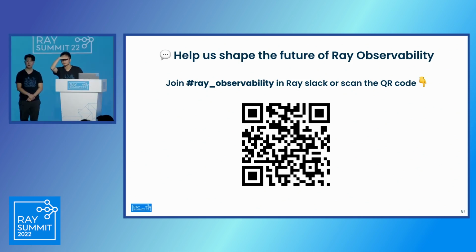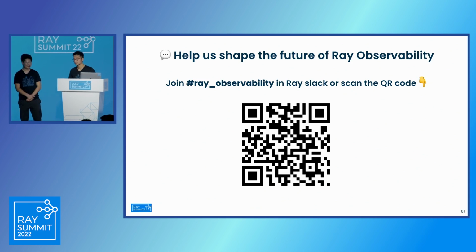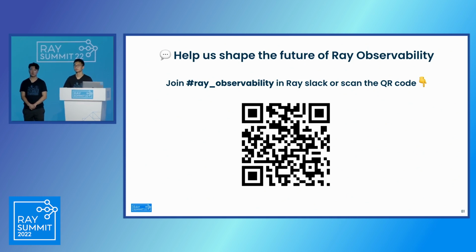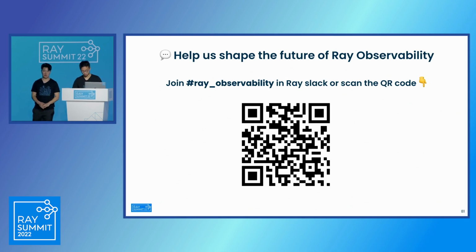You were talking about the job completion UI. Are there any plans to integrate that with Ray Workflow? That's a great question. So the question is whether we will be integrating that with Ray Workflow. I think eventually we want to help other libraries build their own UI using all this low-level API.